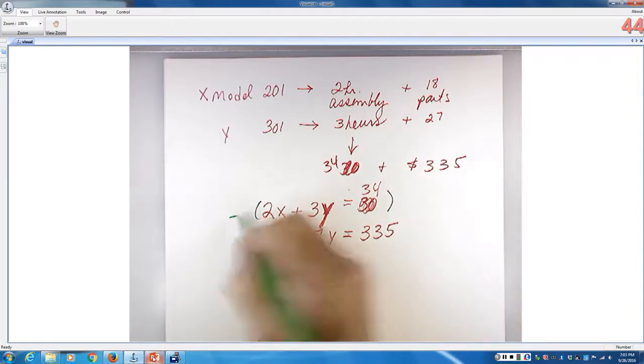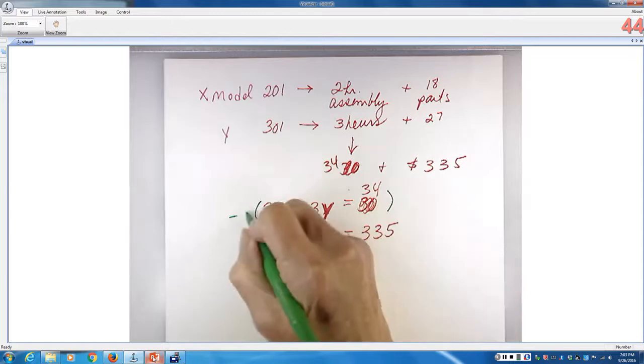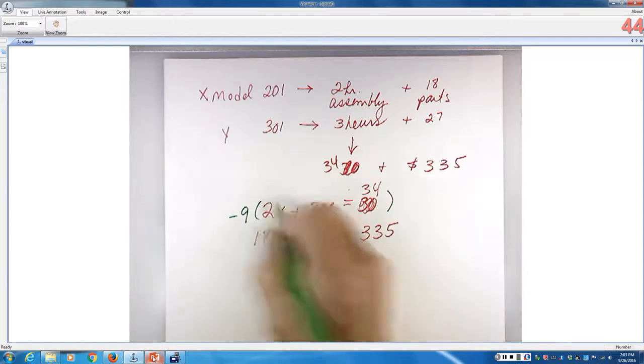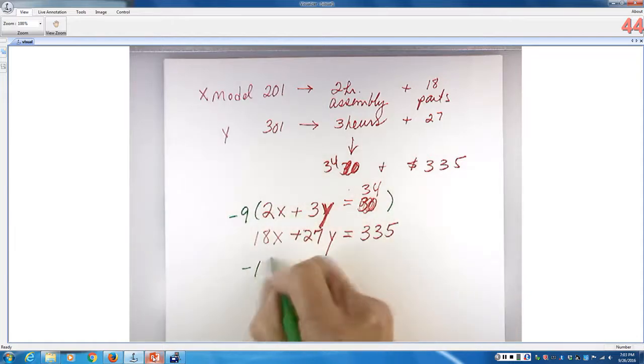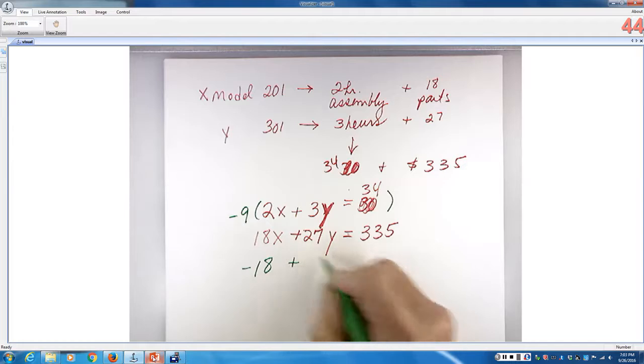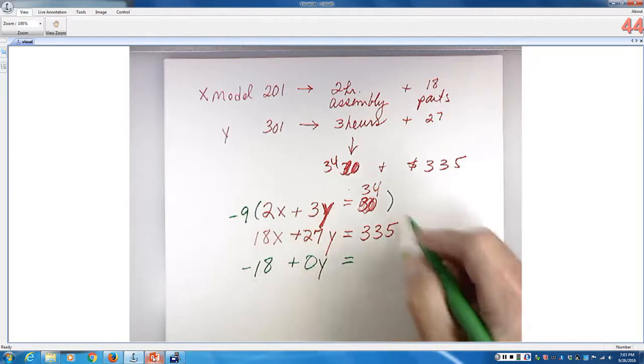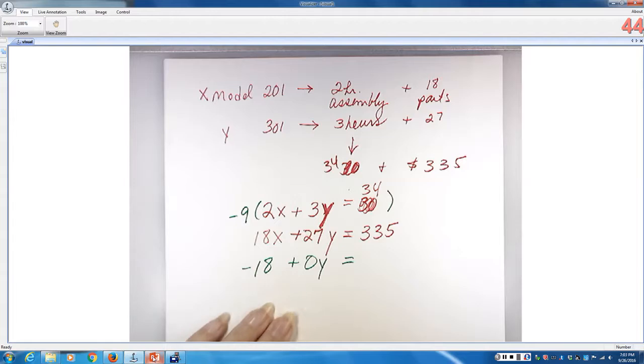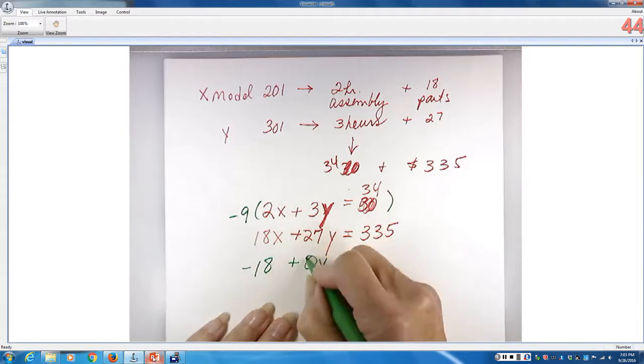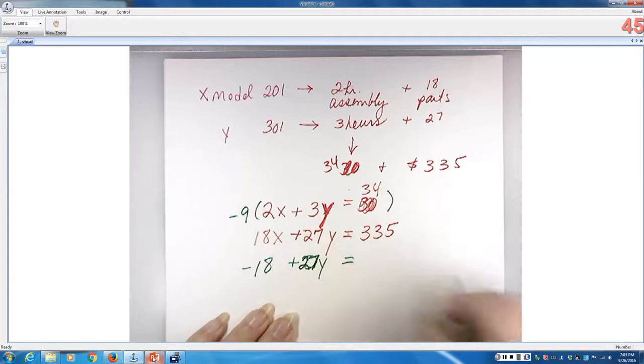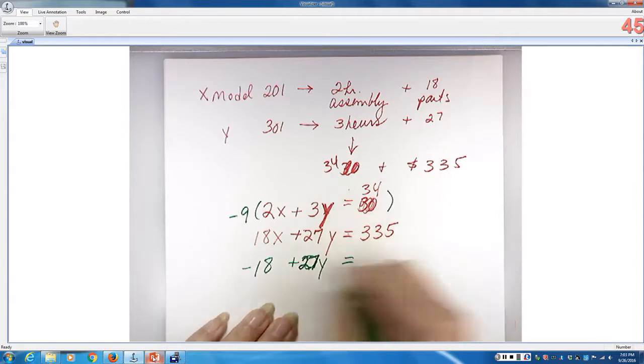I need to multiply this by -9, which means that this is going to be -18X plus, I'm sorry, plus -27Y's. I know eventually it's going to be no Y's.